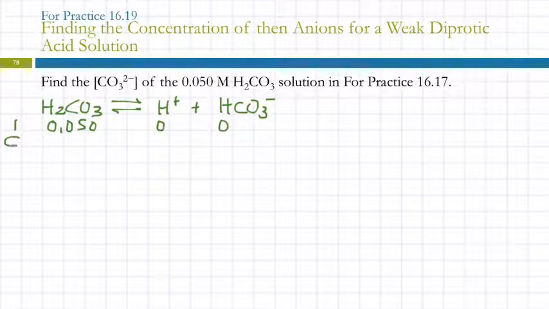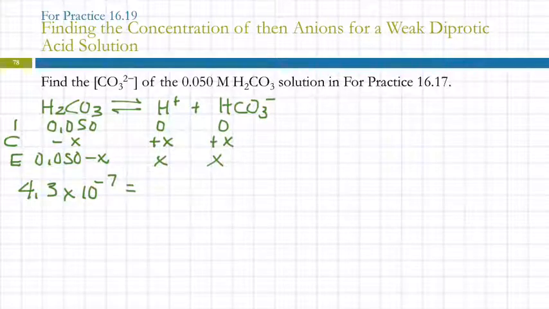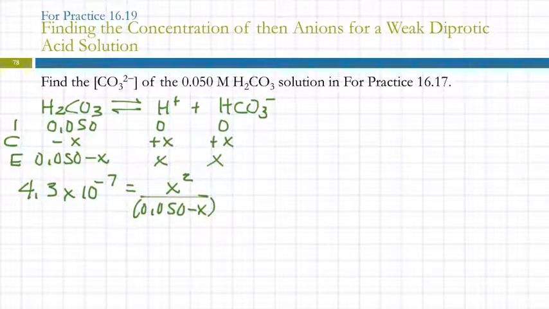I'm going to run through this quickly because we already did this. We're going to lose X there, gain X here, gain X there. At equilibrium, we've got 0.05 minus X, X, and X. And so our Ka value, 4.3 times 10 to the minus 7, equals X squared over 0.050 minus X. We can do the X's small approximation.